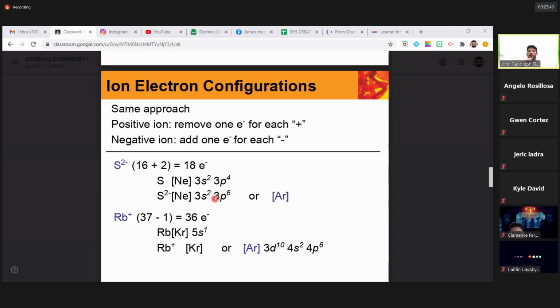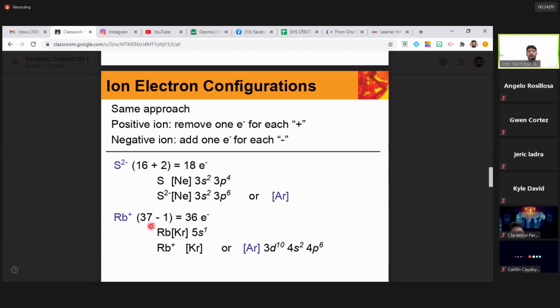Now if you look at the periodic table, what element is number 18? It's argon. That is why your S2 minus can be written in terms of argon as the noble gas.